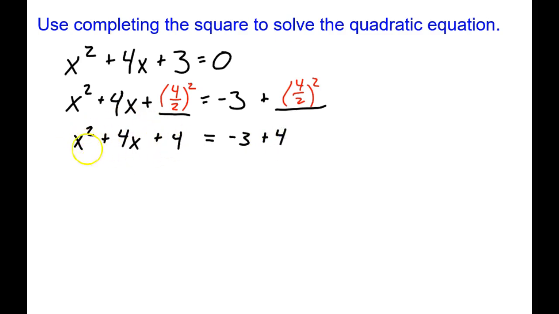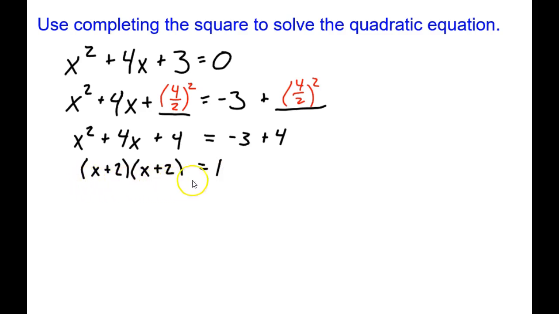On the left side, now we're going to factor this, and this is going to factor into x plus 2 times x plus 2. Factors of 4 that add up to 4, 2 and 2, and that's going to be equal to 1. Negative 3 plus 4 is 1.